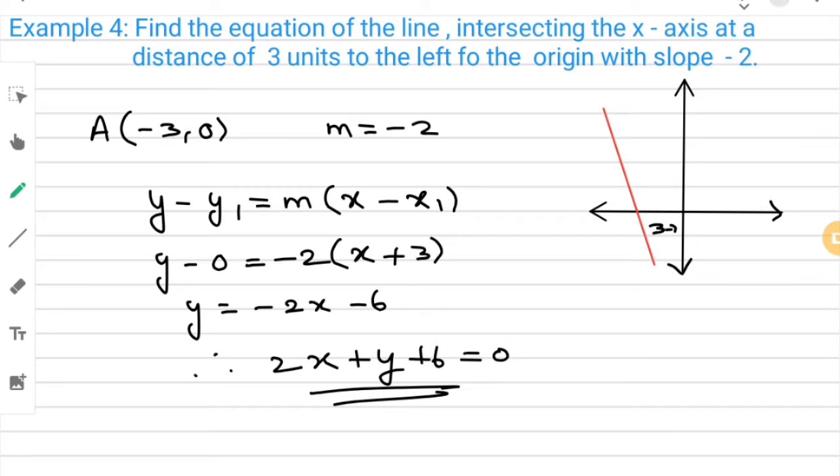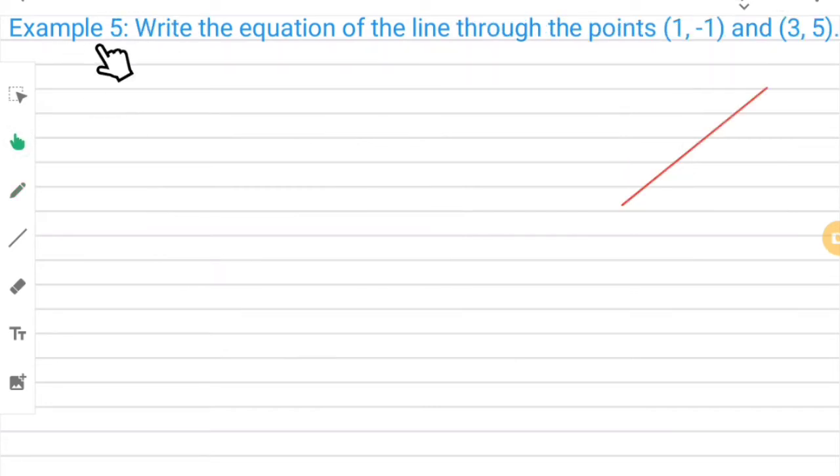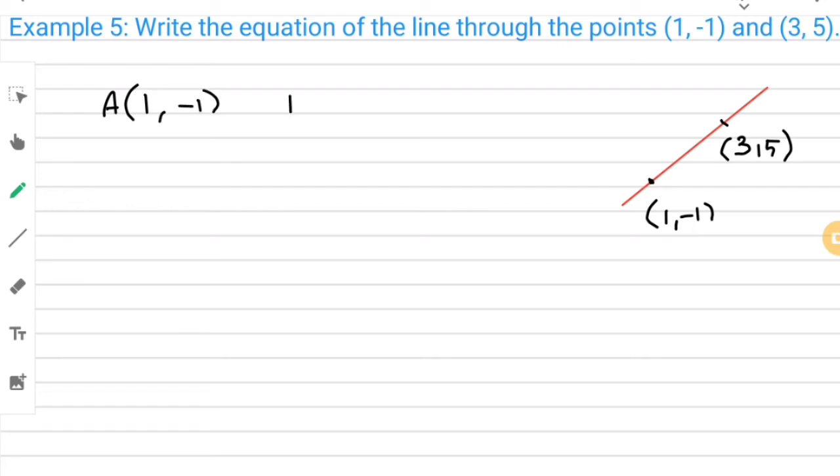Okay, fine. Now, example 5. Write the equation of the line through the points 1 comma minus 1 and 3 comma 5. I am taking points on the line. One is 1 comma minus 1 and another point is 3 comma 5. So in this question they have given 2 points. So first thing we need to find the slope. I am taking point 1 comma minus 1 as A, so A of 1 comma minus 1 and B of 3 comma 5.